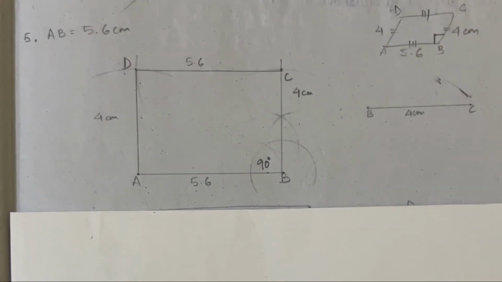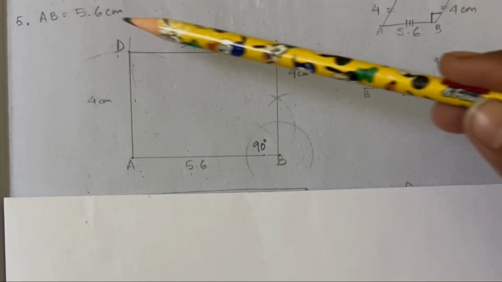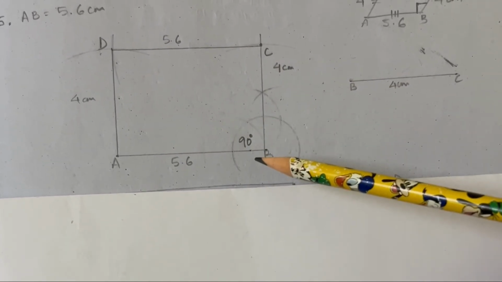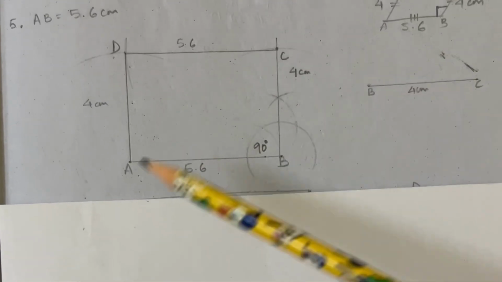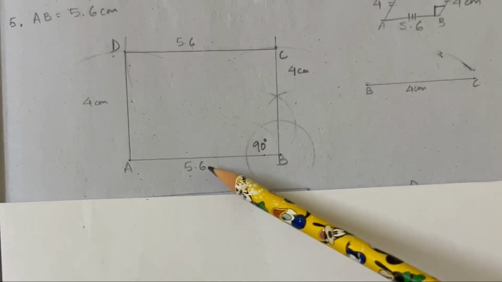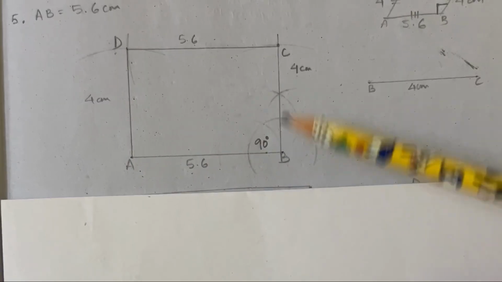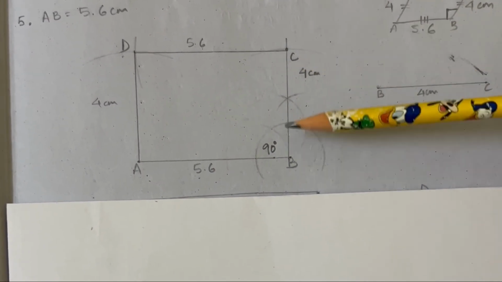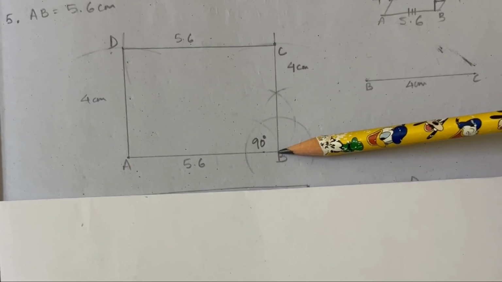Sum number 5, we have to get a rectangle, that is AB is 5.6 and angle B measures 90 degrees and BC is 4 centimeter. So first we get AB as 5.6, then on B we draw a 90 degree angle. Now we are going to just extend the line. Now measure 4 centimeter.